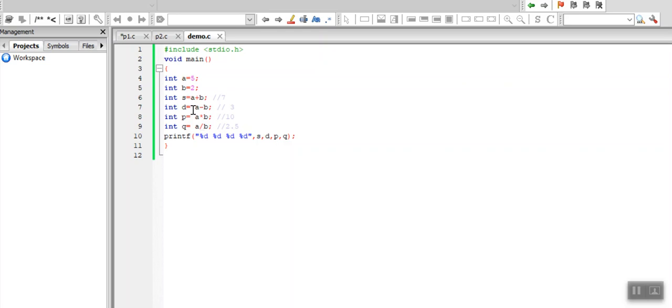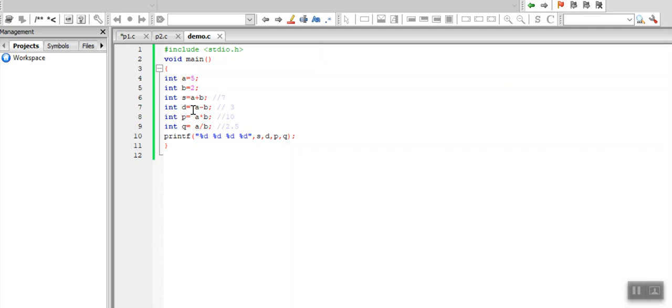Secondly, operands are the numbers or variables on which the operator is being applied. If both the operands of the operator are integers, then obviously the operation will return an integer.